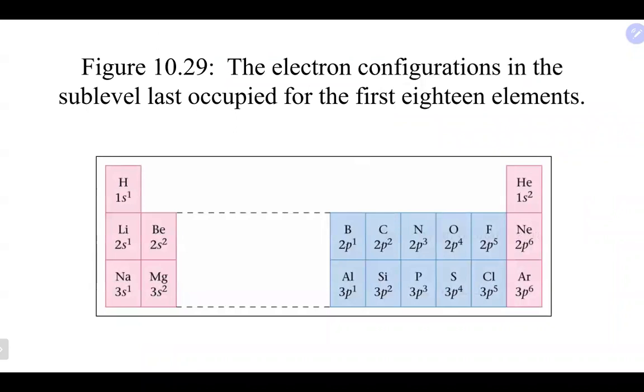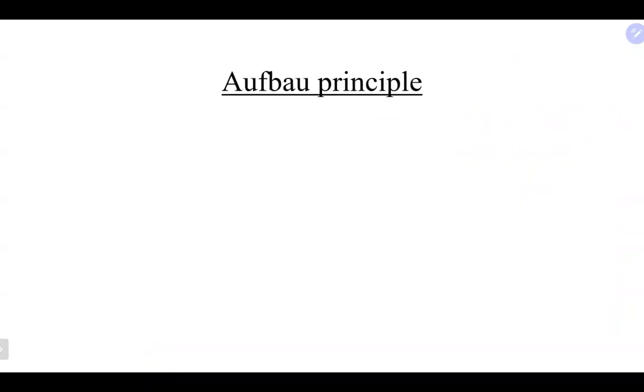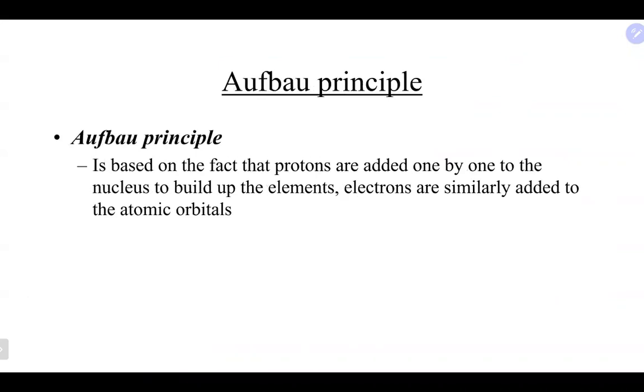All right. Now, the idea of the Aufbau principle is based on the idea that protons are added to the atom one at a time, and we add electrons really the same way. They're added one at a time to the atomic orbitals.